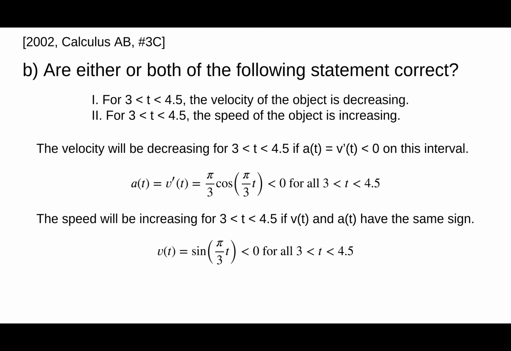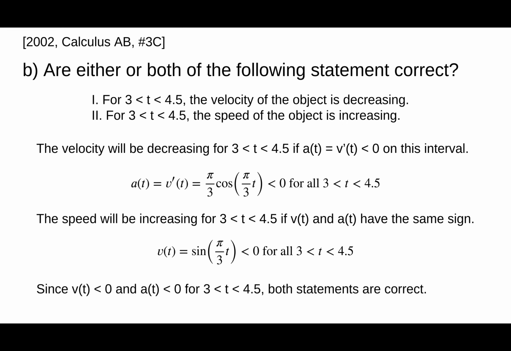So, combining that with what we just figured out for part 1, that the acceleration is always negative for t between 3 and 4.5, we now know that the velocity is also always negative between 3 and 4.5. So acceleration and velocity have the same sign for all values of t on this interval. So the second statement, the speed of the object is increasing, is also true. So both of those statements are actually correct.